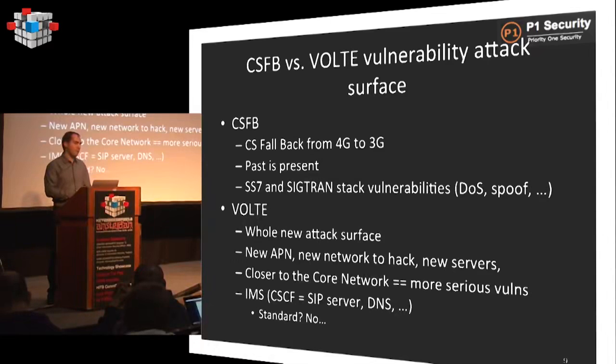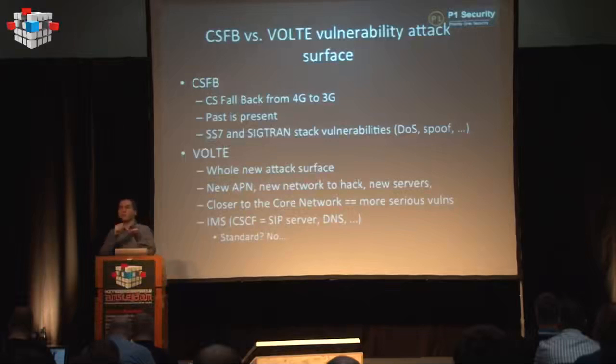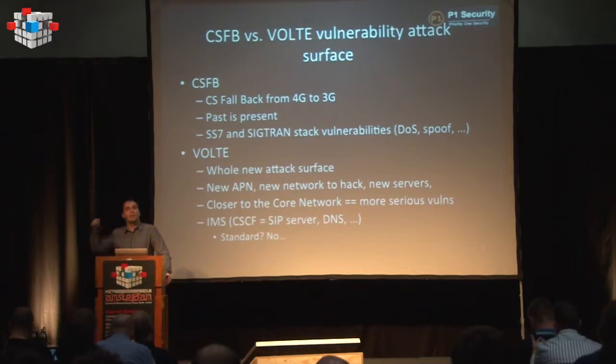Also, you have new APNs in general which give access to a whole new set of networks. Each time you see a new APN, like the silly internet APN you enter when you get a new cell phone, this stuff gives access to, let's say, a whole /8 behind it. All the time, you'll have at least a 10.something network that hosts all the network elements from the LTE network.